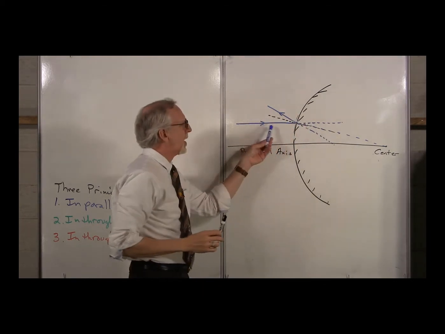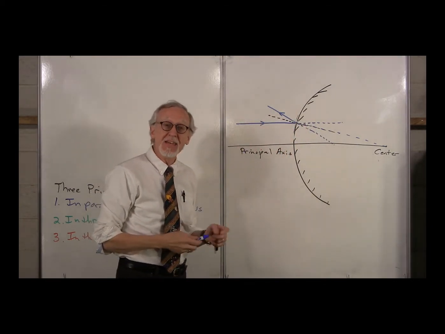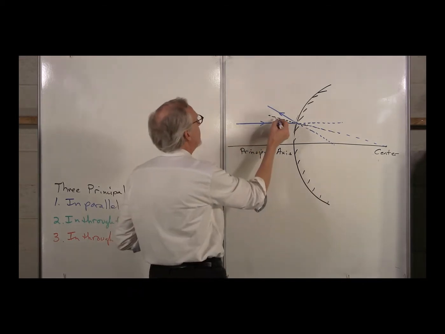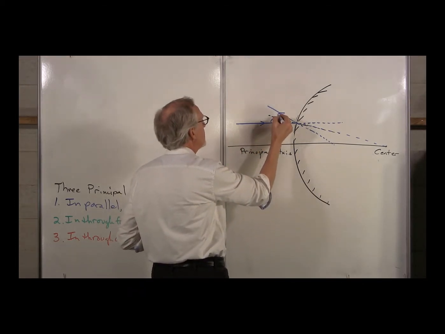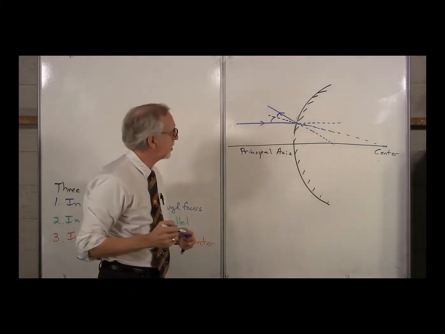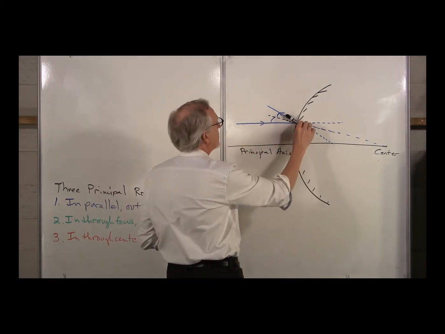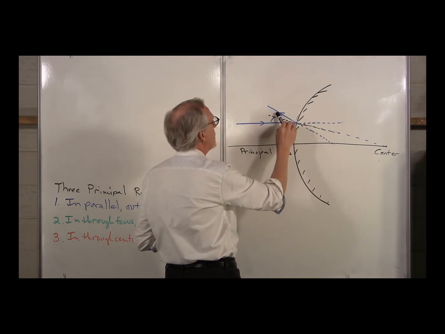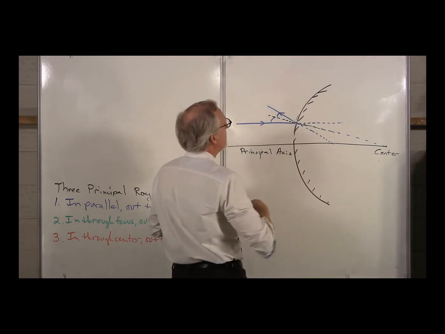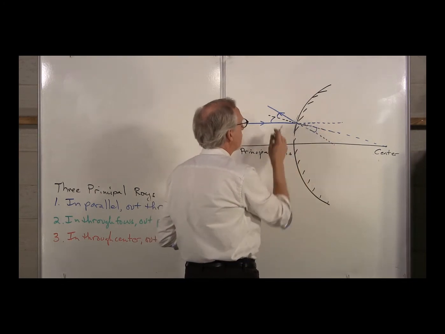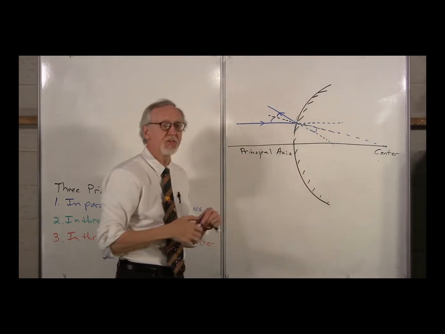We know the ray will reflect so that we have an equal angle of incidence and reflection. So we know those two angles are equal. Going inside the sphere, we know this line is straight here and this line is straight here, so we know that angle must equal this angle in here. So those three angles are all the same.